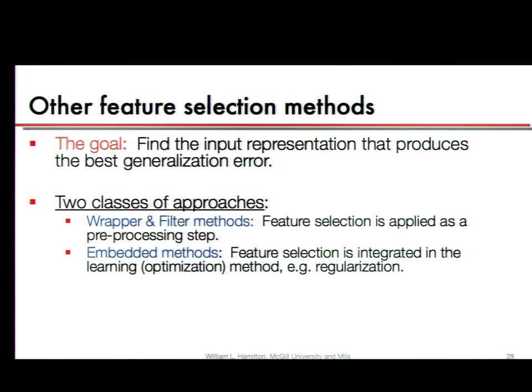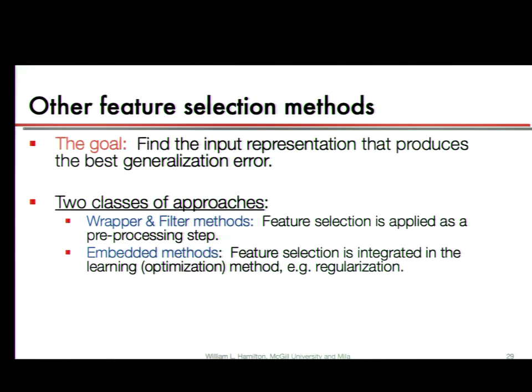When I mentioned L1 or lasso regularization a few lectures ago, it tends to ignore some features. It sets some weights to 0 as a consequence of the regularization, and you can view that as selecting a subset of features. So you could run L1 regularized regression and say, all the features that got 0 weight, let's just throw them out.